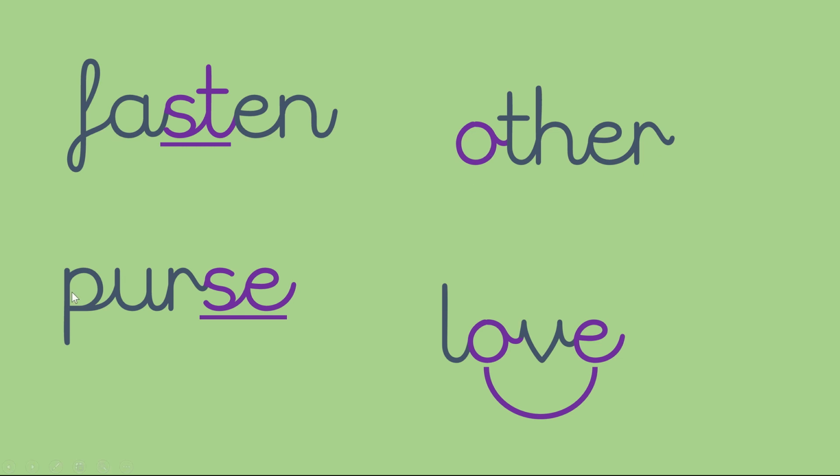The next one was purse, so it was the Rex grapheme for the sound, and then the S was S and E. And in love, it's got the split digraph for the sound. Well done if you've done that. That was absolutely super. And we will move on in a moment.